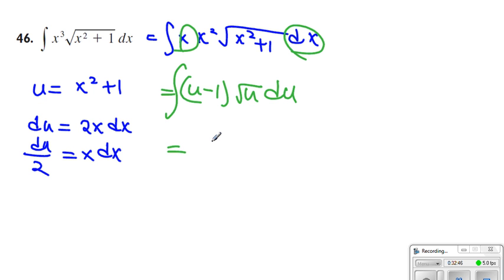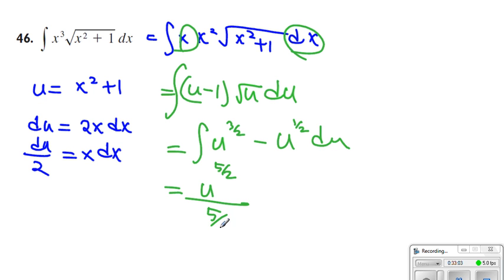Here then we end up having u to the 3/2 power minus u to the 1/2 power, du. Now then this becomes rather simple, because we get u to the 5/2 power divided by 5/2 minus u to the 3/2 power over 3/2 plus c.